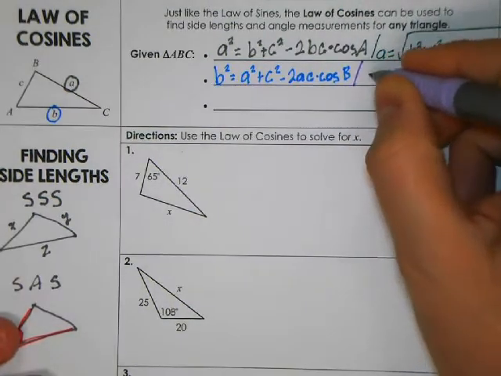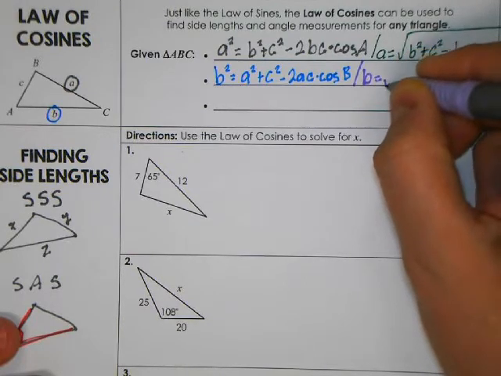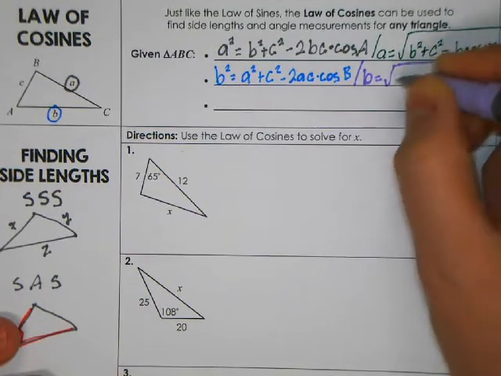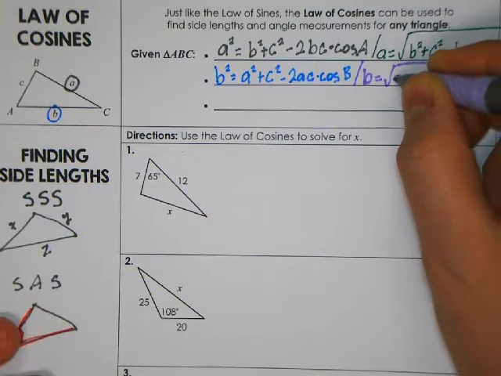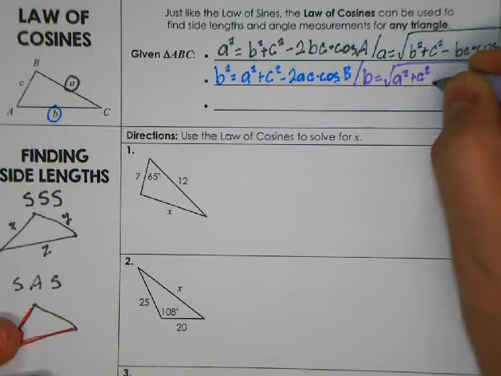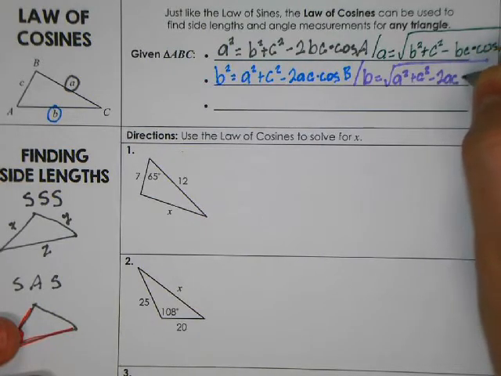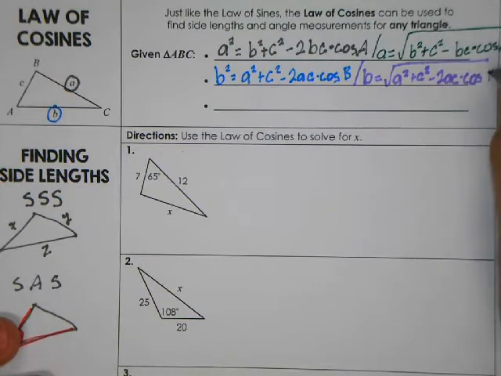We can just take the square root of both sides and say that B is equal to the square root of that whole expression. So we would say A squared plus C squared minus 2AC times the cosine of B.